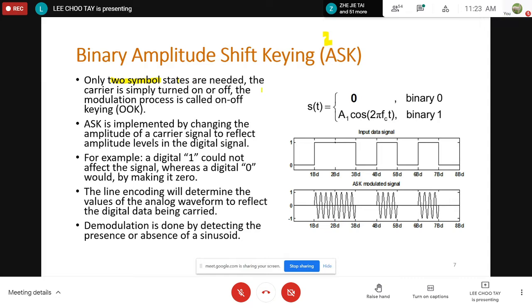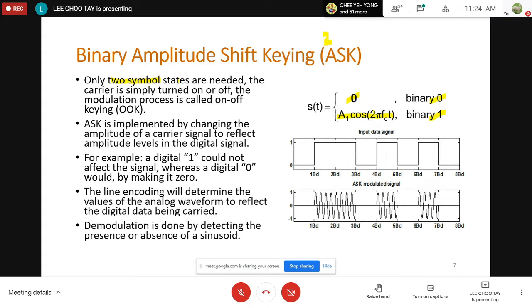Looking at the binary 0 and binary 1 in our data, when we need to transmit a binary 0, the modulated signal has nothing. It's 0 amplitude. And to transmit a binary 1, we transmit a carrier with the amplitude A1.